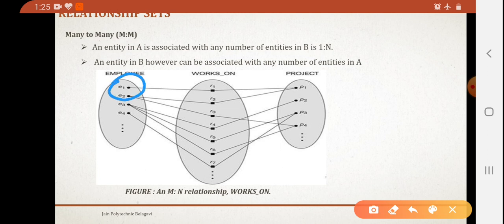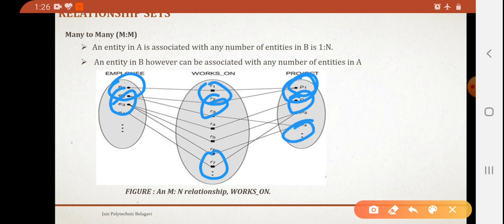Employee E1 works on project P1, and E2 also works on project P1, so both employees are working on a single project. Employee 3 works on project 2, and employee 4 works on project 4. So in many to many, it can be a one to one relationship or a many to many relationship.